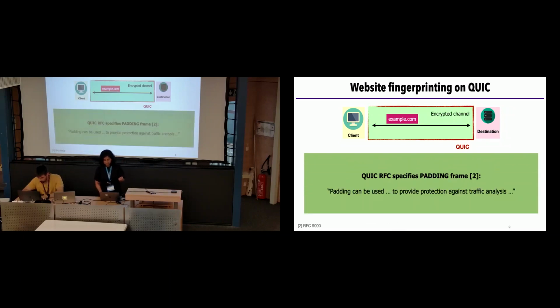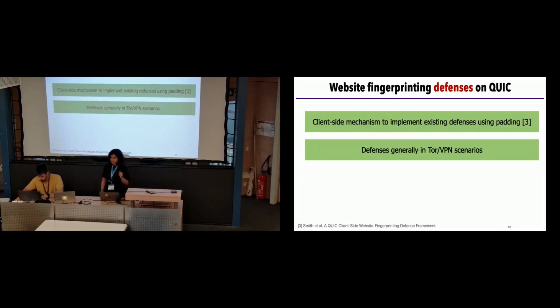We were more interested in looking at the defenses against website fingerprinting for QUIC. If you look at the QUIC RFC, it specifies that the QUIC protocol has a padding frame, and this frame can be used to add padding to the QUIC packets so as to reduce the size information and provide some kind of defense against traffic analysis. Smith and co-authors also did some work on website fingerprinting defenses.